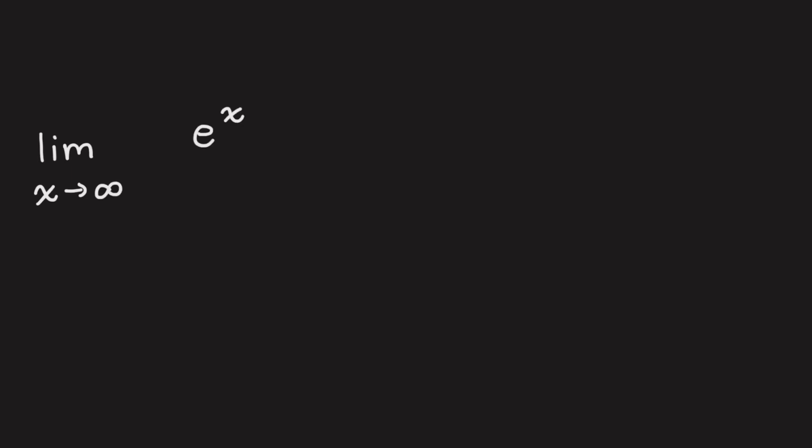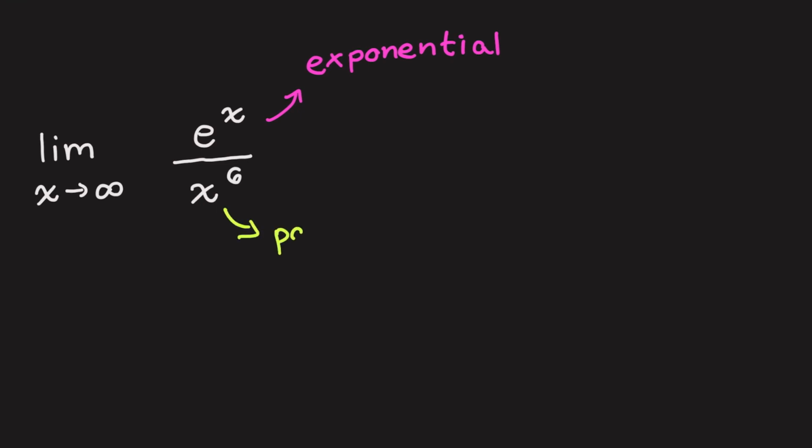We have the limit as x goes to infinity, e to the x over x to the 6th. We have an exponential function in the numerator, and we have a polynomial function in the denominator. According to our order of dominance, we can identify that the numerator is the dominant part of the function.